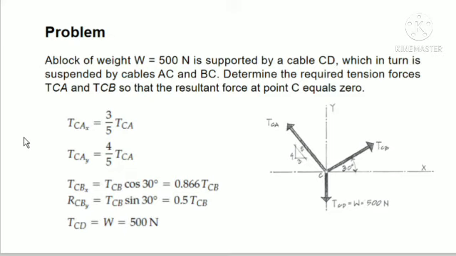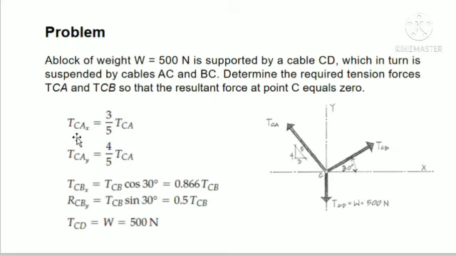So step 1, because all cables are concurrent at point C, we're going to isolate point C and show all forces. Okay, so step 2, we're going to resolve each force into its X and Y components.